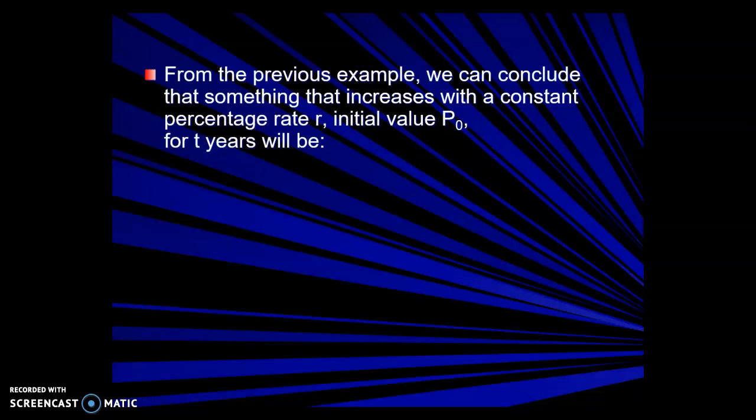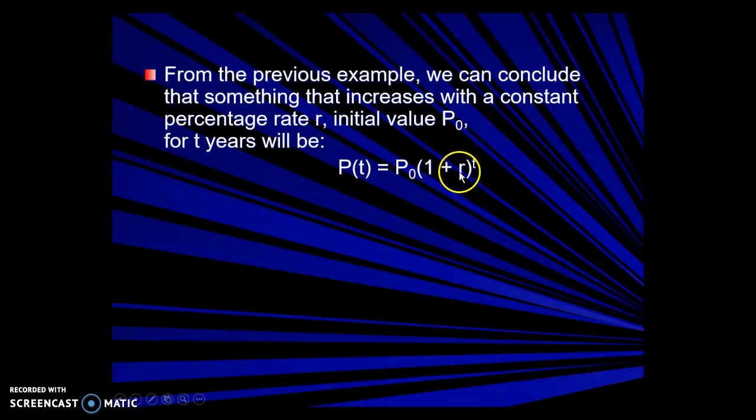All right. So, if something is increasing with a constant percentage rate r, that was the 5%, and the initial value P sub 0, for t years, we can model an exponential increase as follows. P, for maybe population after t years, is the initial population P sub 0 times the quantity 1 plus r.